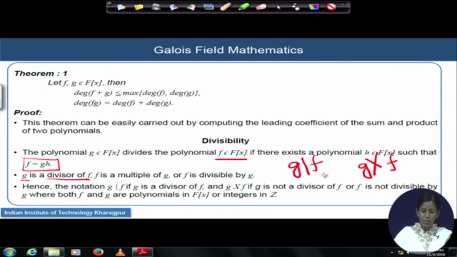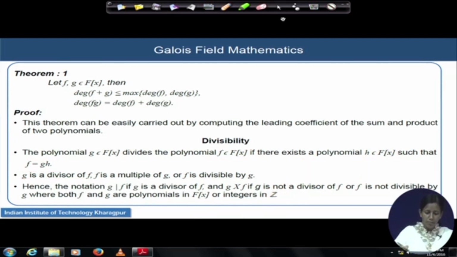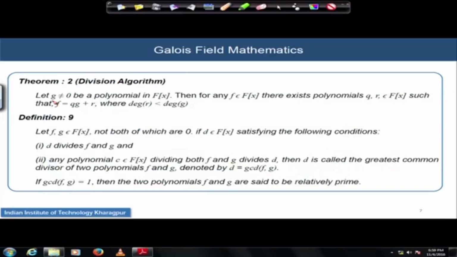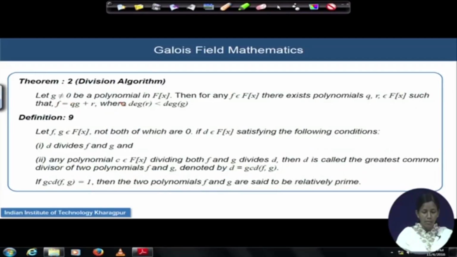Provided that f and g both belong to F[x]. Then comes the theorem of the division algorithm. Let us assume that g, which is not equal to 0, is a polynomial over the field.